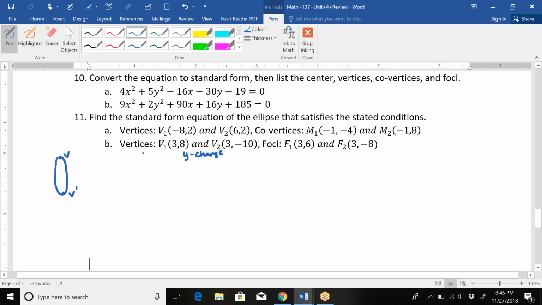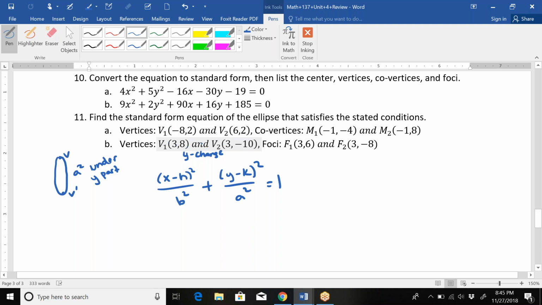Now, that tells me a couple things. It tells me that a squared is going under y because it's up, down, the y part. So my generic formula is going to be (x minus h) squared over b squared plus (y minus k) squared over a squared equals 1. We can find the center of this graph by adding these and cutting them in half.